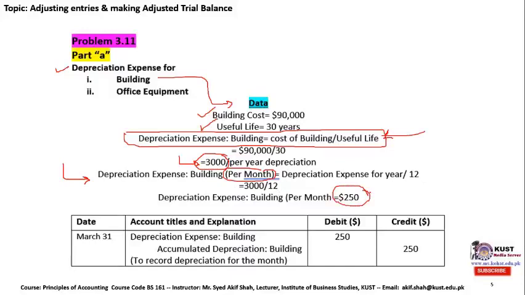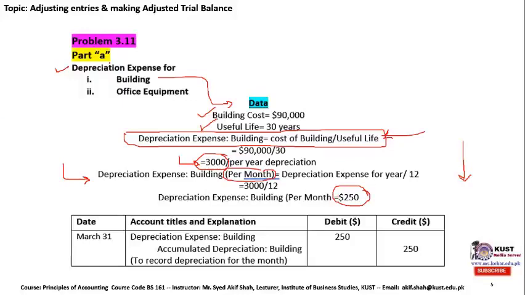So we can now conclude that the per month decrease in the worth of the building is $250. We can say that we have used our building for $250 and its worth has been depreciated by $250.